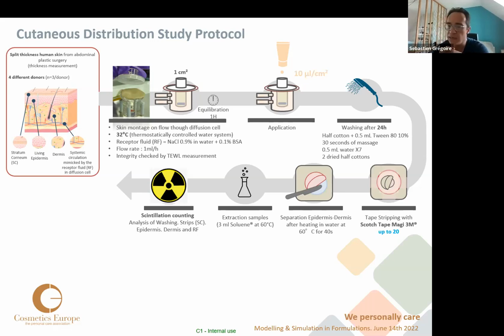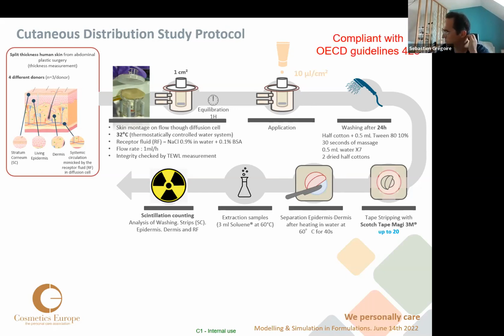Then the different skin layers are separated. The stratum corneum is obtained by tape stripping, meaning successive different tapes. The epidermis and dermis are separated by heating, and then all of these samples are extracted, and the amount of chemical was determined by scintillation counting.